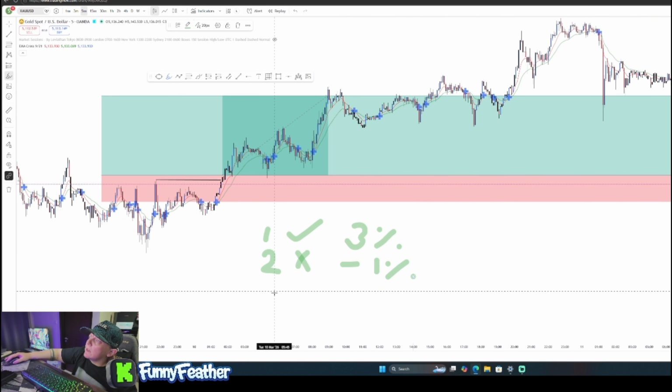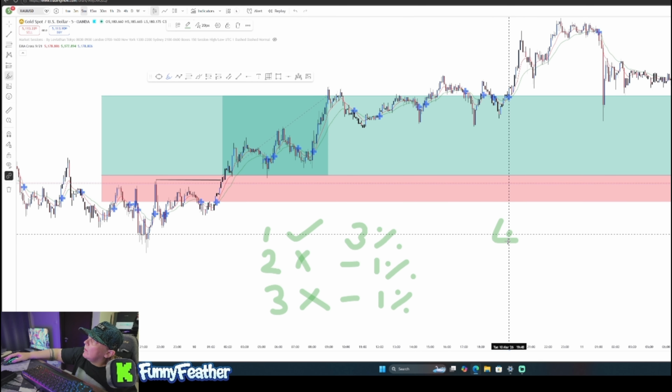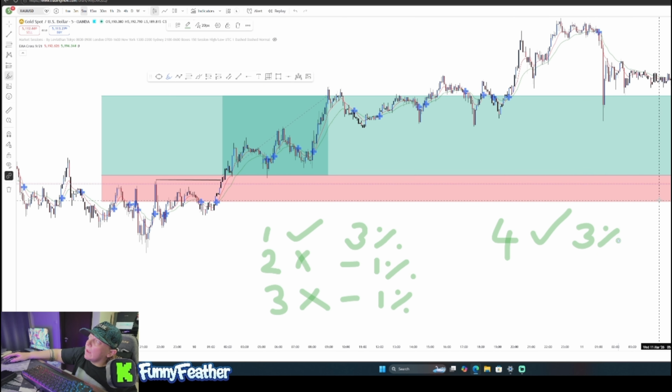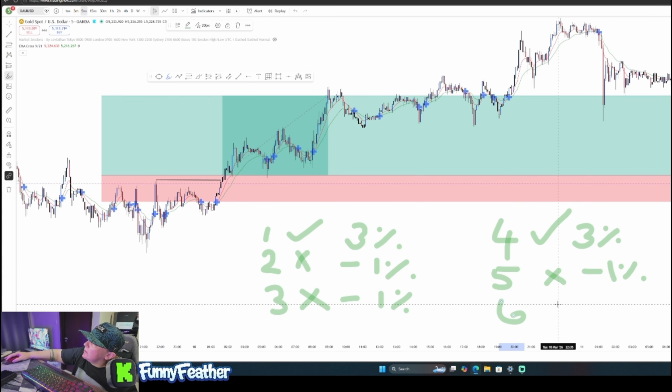Then trade number 3, we lose again, so we have minus 1%. But trade number 4, we win, so we have another 3%. Trade number 5, we lose, so minus 1%. Trade number 6, we lose, minus 1%.